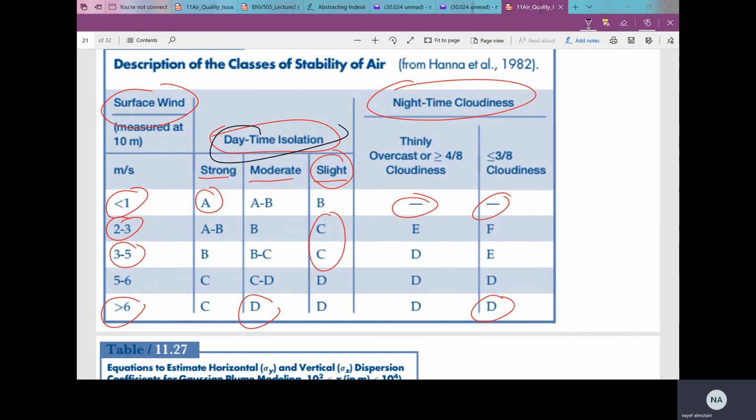If I give it to you in the example, is it strong, moderate, or slight? And of course, you could find out the stability. Let's say the wind speed was 7 meters per second: if it is slight daytime insolation, you could select D. If it's nighttime, you could also select D. So it's all D for higher than 7.